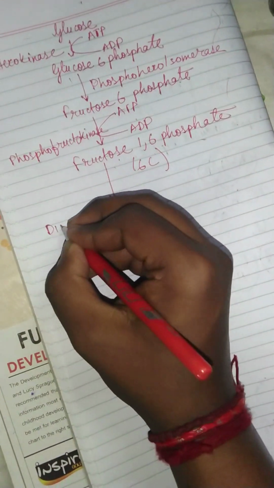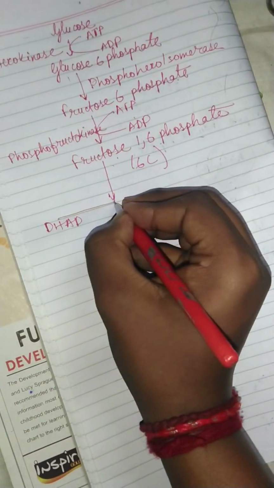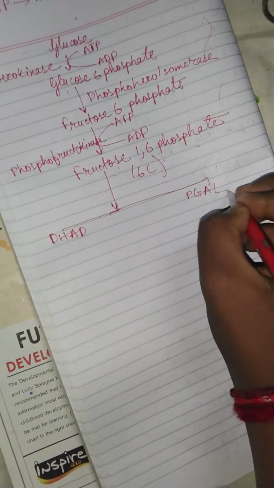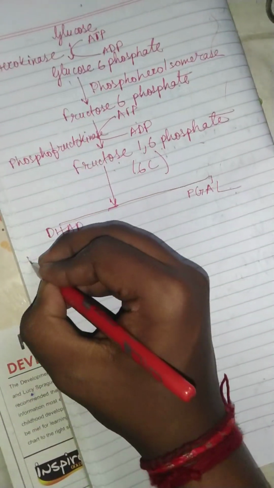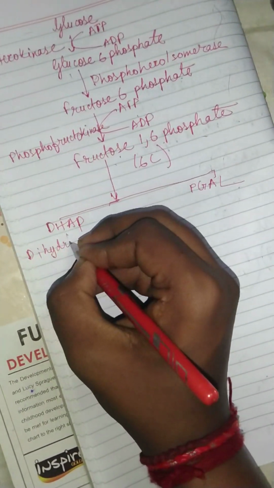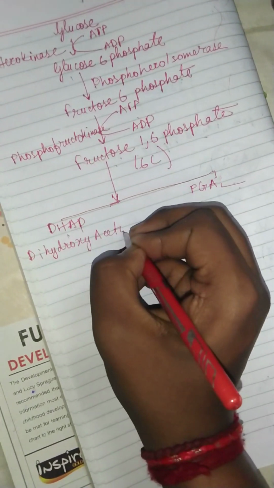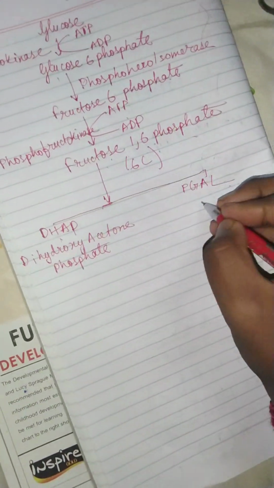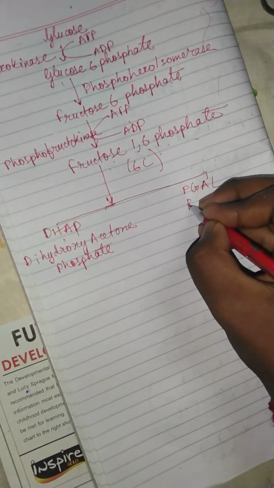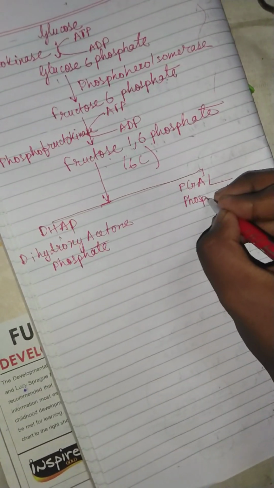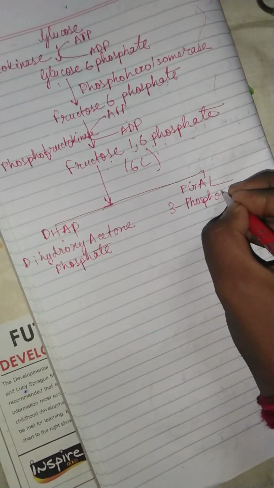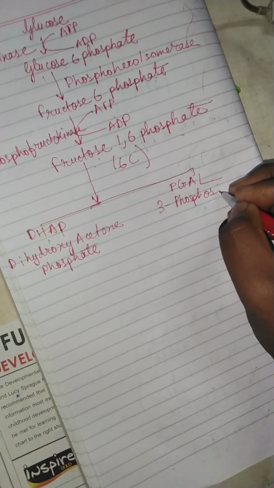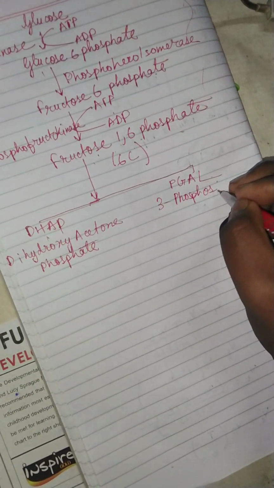One is DHAP, another is PGAL. DHAP is dihydroxyacetone phosphate, and this one is phosphoglyceraldehyde, or 3-phosphoglyceraldehyde.